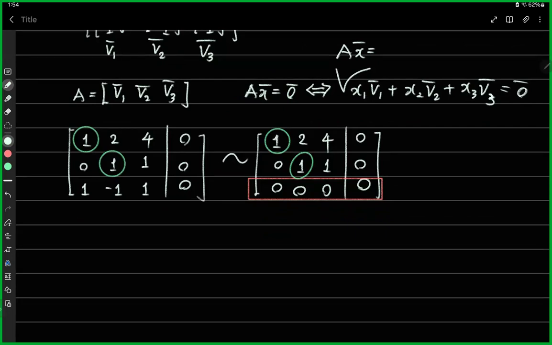Right? Okay. So now the homogeneous system has a free variable. Actually, x3 is a free variable.